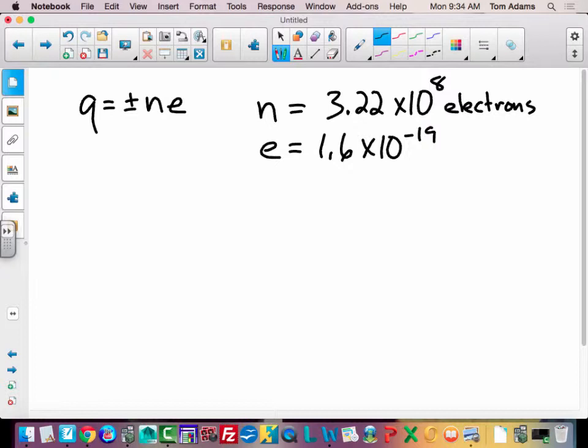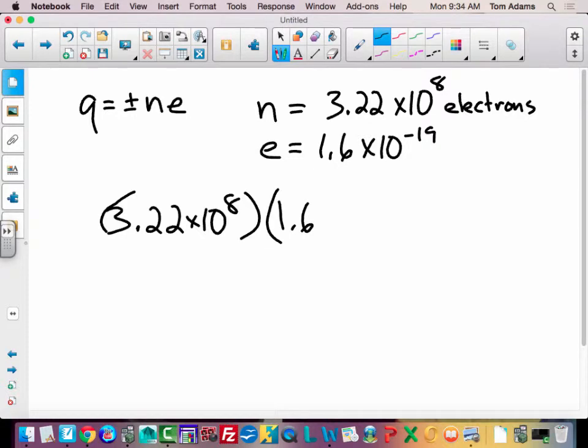And so we could start by figuring out what the charge is, which is 3.22 times 10 to the 8th times the charge of an electron, which is 1.6 times 10 to the negative 19.